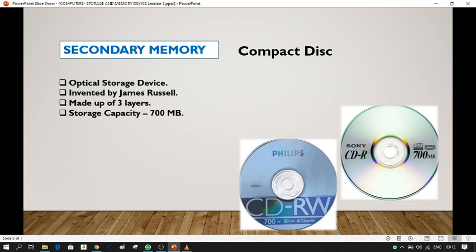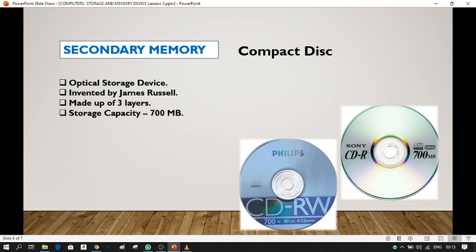A CD is made up of 3 layers. The first layer is made up of tough but brittle plastic called polycarbonate. The second layer is aluminium, and finally there is a protective layer of plastic and lacquer on top of the aluminium layer.